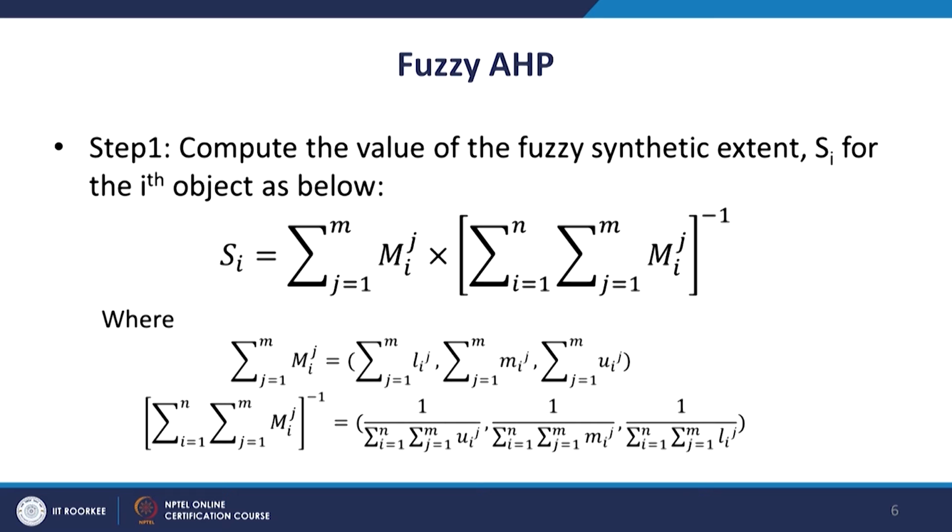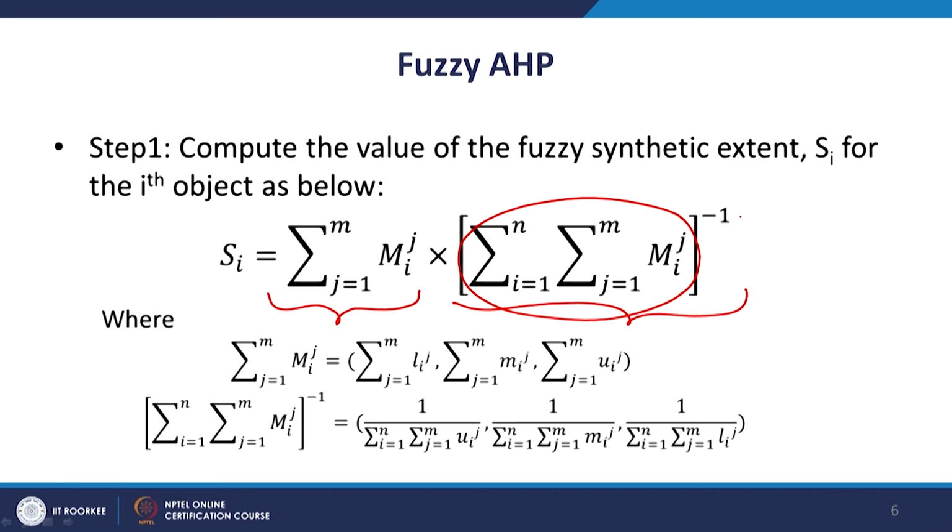So, let us see what the expression is about. Capital S i can be computed using the summation over j equal to 1 to m, where m is the number of goal elements, of the values M i j, and this is multiplied by another expression. You see this expression, we are supposed to take the inverse of it.